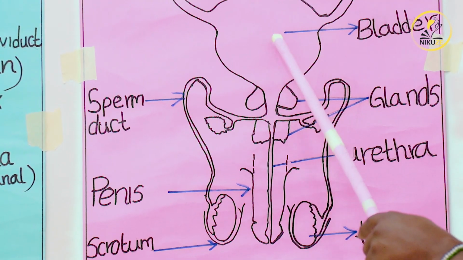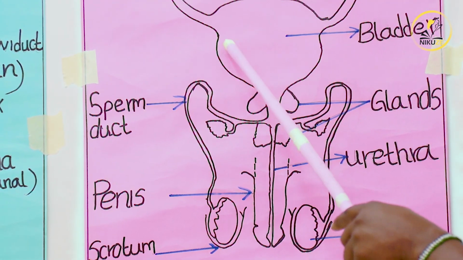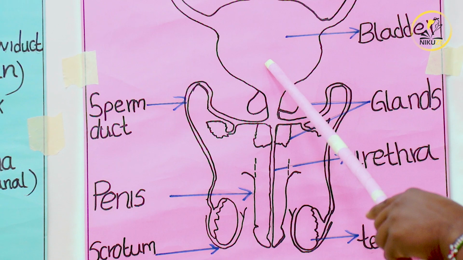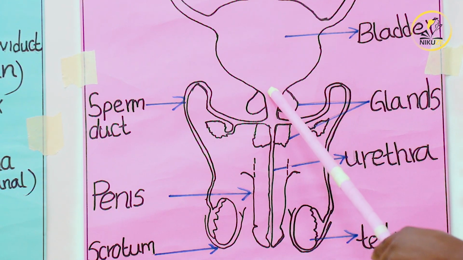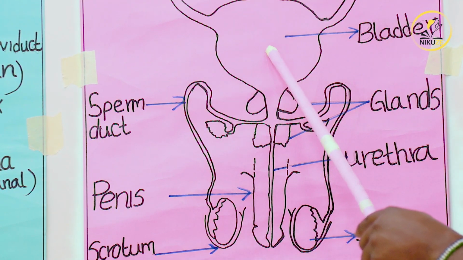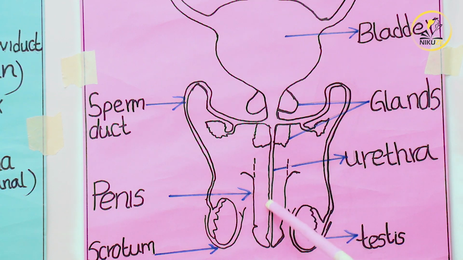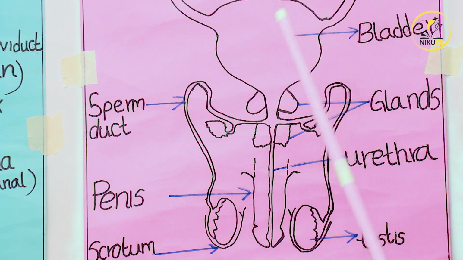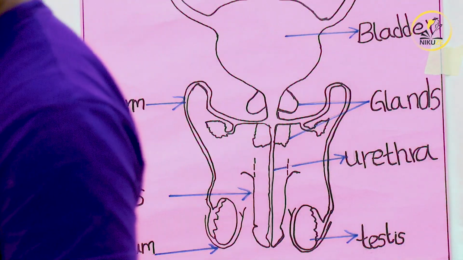When the kidney gives out urine as a byproduct, it is then stored in the bladder, after which when the bladder is full, it is given out as a byproduct through the urethra. Now we have got the penis to be our last, as much as we are talking of the male reproductive system.